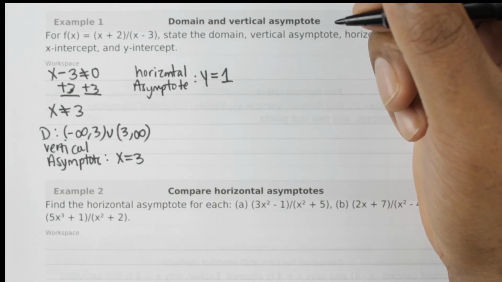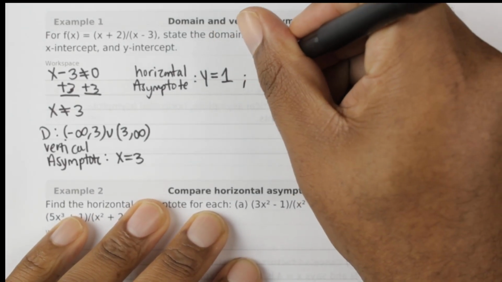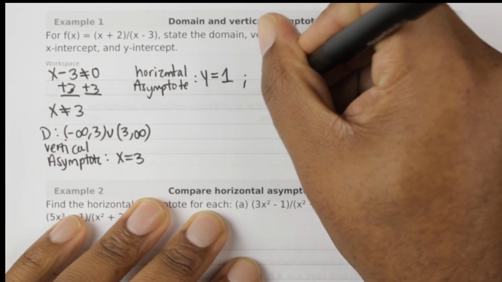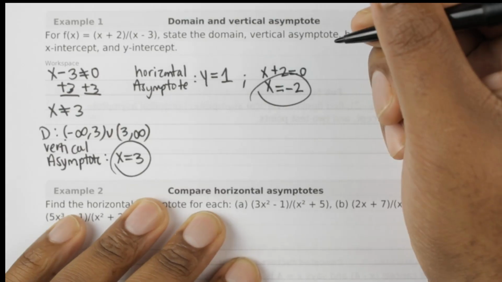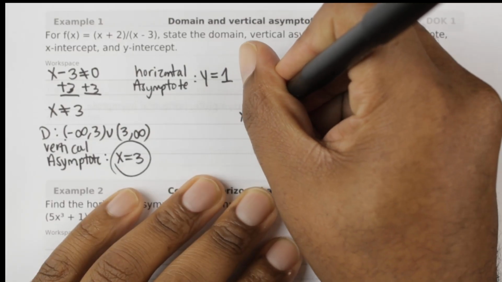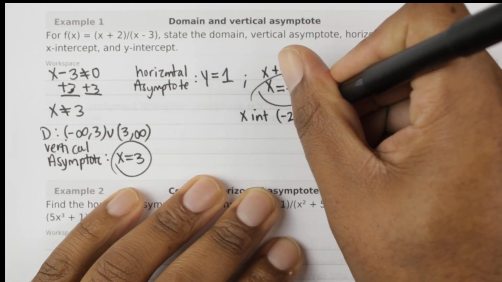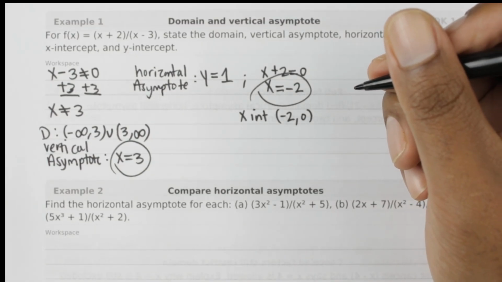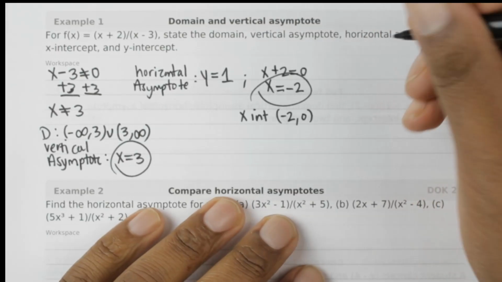Now we need to find the x-intercept. The x-intercept occurs when the numerator equals 0. So we have x plus 2 equals 0, which is going to give us x equals negative 2. Okay. So the x-intercept is negative 2, 0. Now we need to find the y-intercept by substituting x equal to 0.